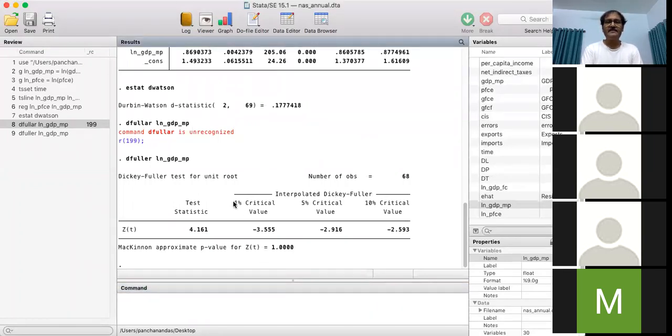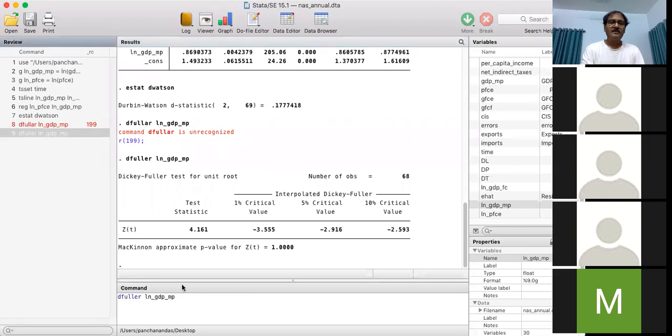Have you seen this screen? Yes, sir. The test statistic is 4.16. So if the test statistic is positive, whatever may be its value, the series will be non-stationary with unit root. Okay. So the level of the series contains unit root.